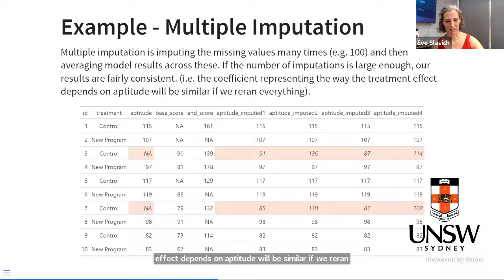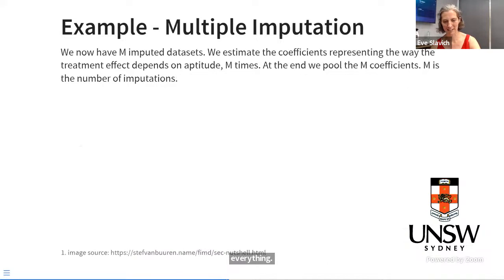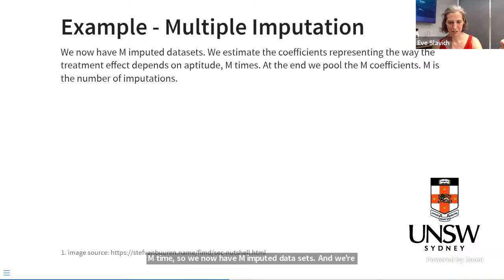So I'll just keep going, explaining multiple imputation. So we've simulated aptitude m times. So we now have m imputed data sets. And we're going to estimate the coefficient that we're interested in, m times. And then at the end, we're going to pool these m coefficients.